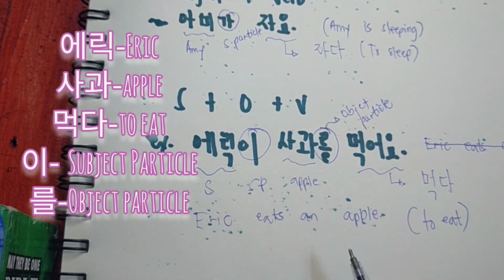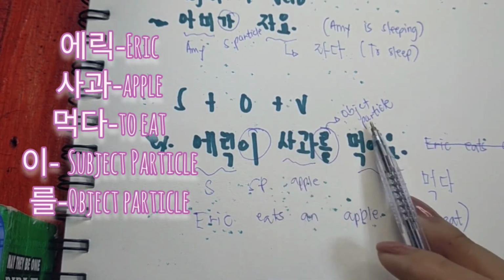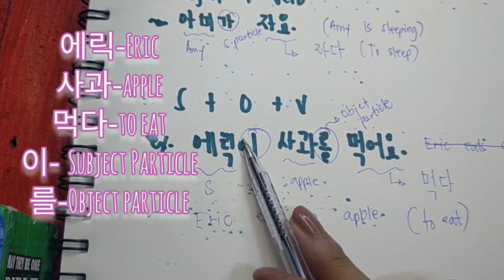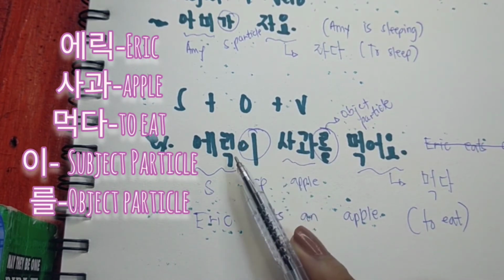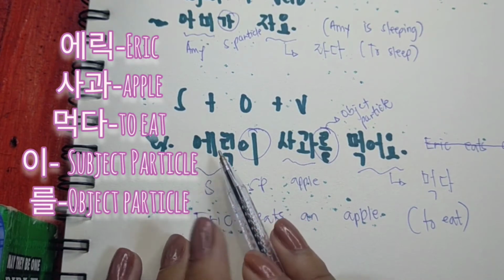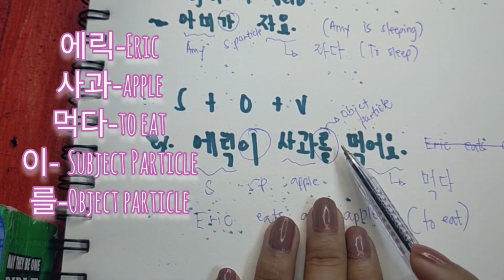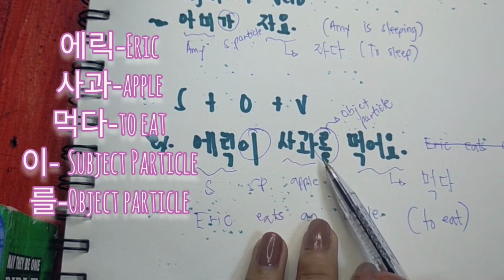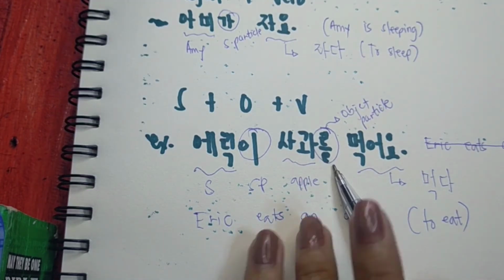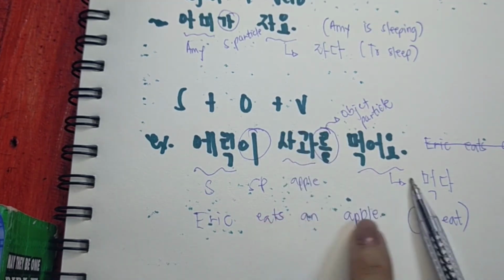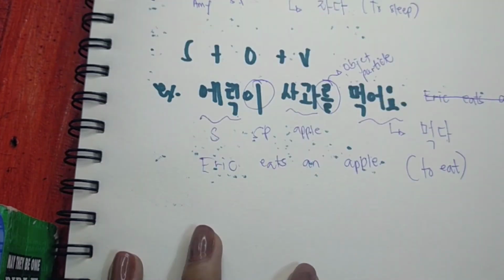Pag binasa mo yun, mahirap intindihin. So, kaya may mga particle na ganyan para palatandaan na kapag may i or ga, yung katabi nun means yun yung subject. Kapag may ul at saka rul, object particle yon. So, means yung katabi nun is yung object ng isang sentence o isang paragraph.